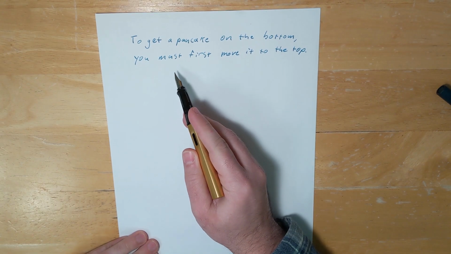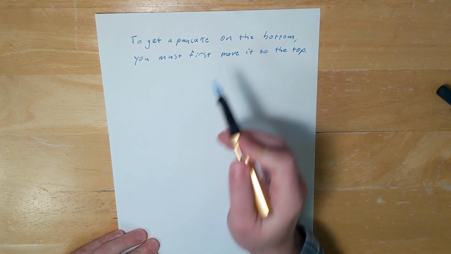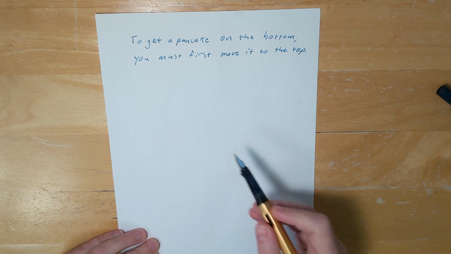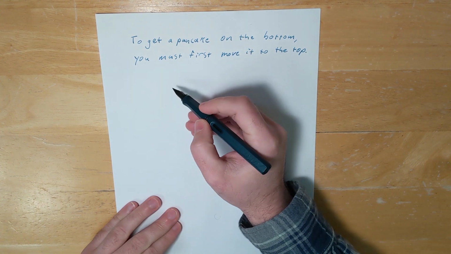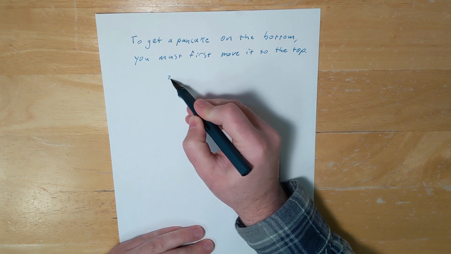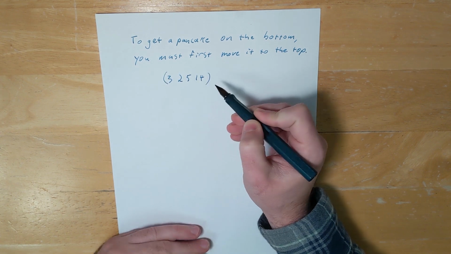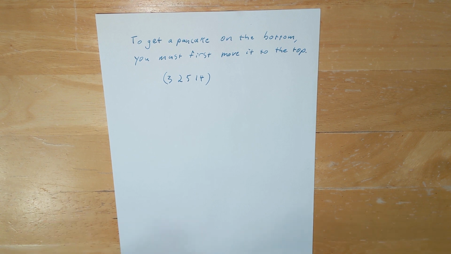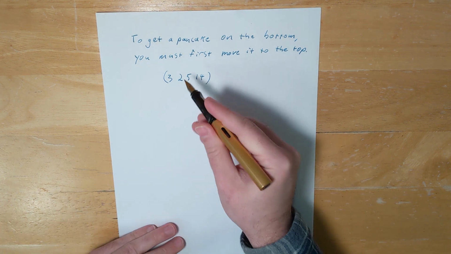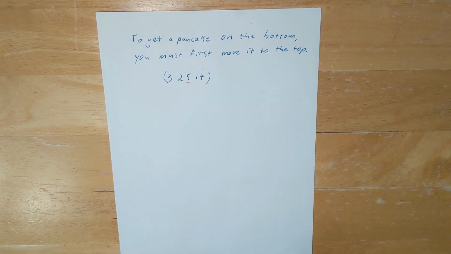This is the observation that I made, which is that in order to get a pancake onto the bottom of the stack, you're going to have to first move it to the top of the stack. So what I mean by this is that if we had a stack of pancakes, for instance, let's say 3, 2, 5, 1, 4, certainly to get this stack sorted, we're going to need to eventually get the pancake numbered 5, that biggest pancake, to the bottom of the stack.